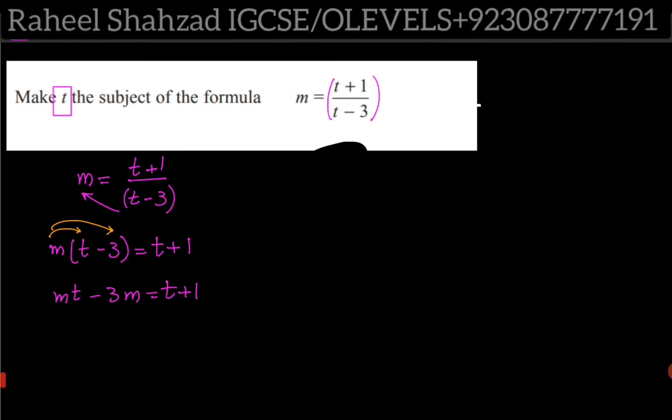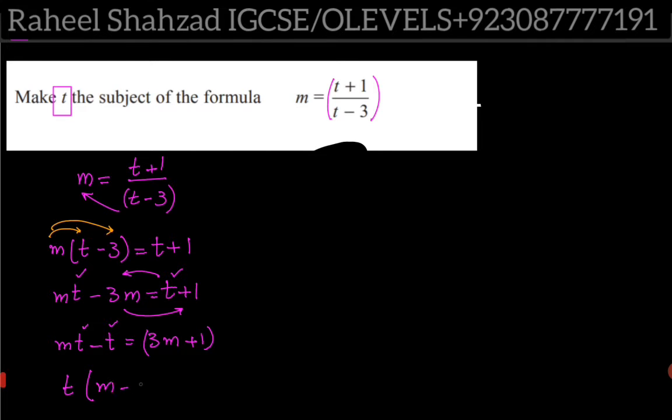Okay, we need to rearrange this formula in a way that we can bring all t's on one side and all other values on other side. So I need to bring this t here and this 3m over there. It will be mt minus t is equal to 3m plus 1. Okay, now in order to find value of t we need to take t common out of it.